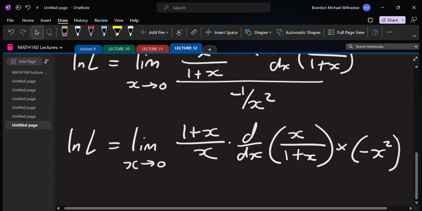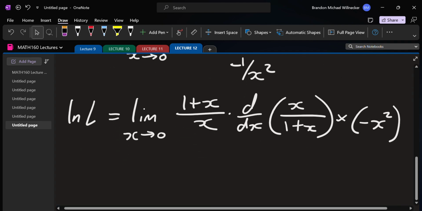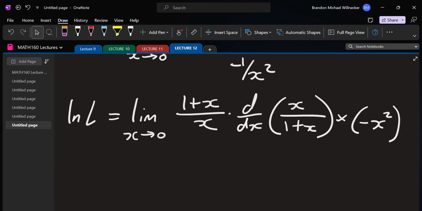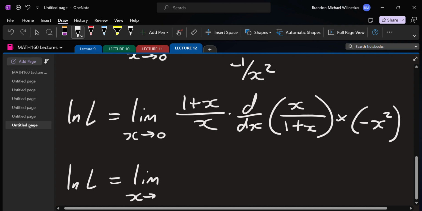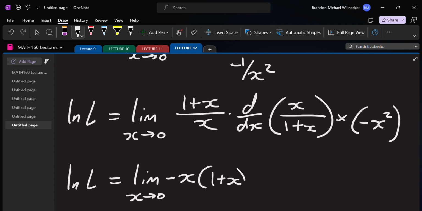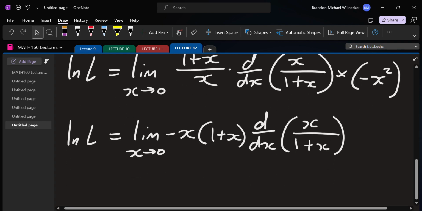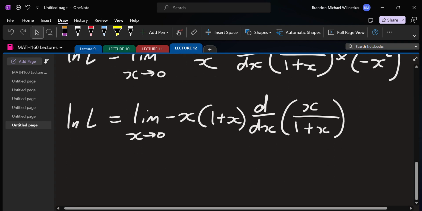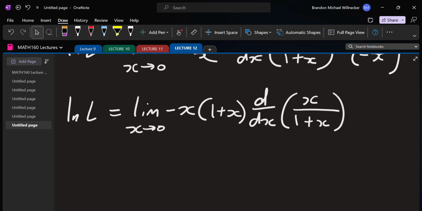Okay, and then dividing by minus 1 over x squared, that's the same thing as timesing by minus x squared. So we can times this by minus x squared. Okay. We can make things a bit more simpler. The minus x squared over the x, that will just be a minus x. So the natural log of L, that will be the limit as x goes to 0 of minus x times 1 plus x. And then we still have this derivative to worry about here.